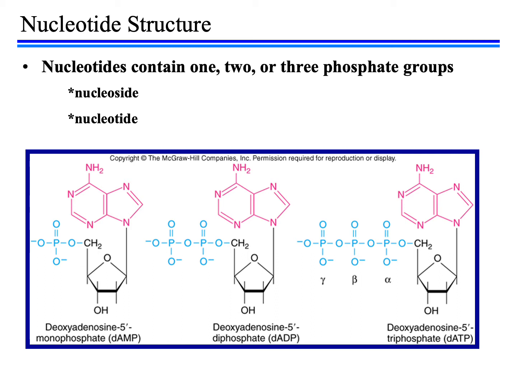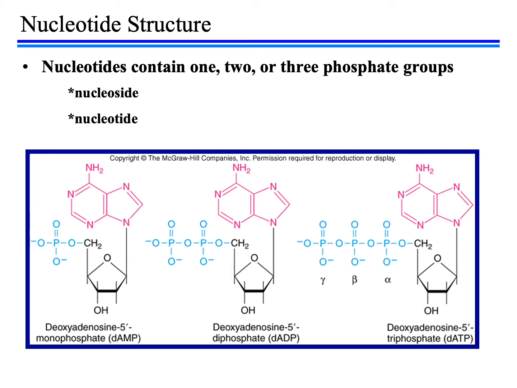But nucleotides can contain 2 phosphate groups or 3 phosphate groups. So the nucleotides are actually a family of molecules that have distinction associated with them by the number of phosphate groups that are added onto the structure.